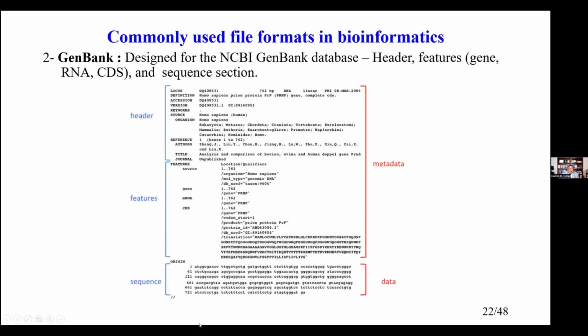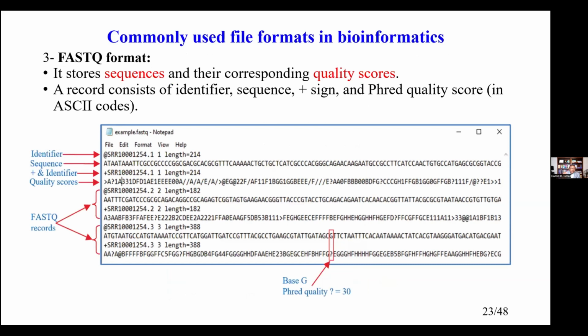And the last section is the sequence, though in some GenBank files you may not find the sequence. This format was developed especially for when you submit data to a database, to NCBI or any one of the three databases. If you have only a sequence, you need to submit it in this format.